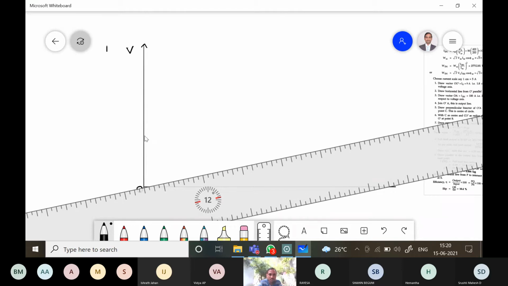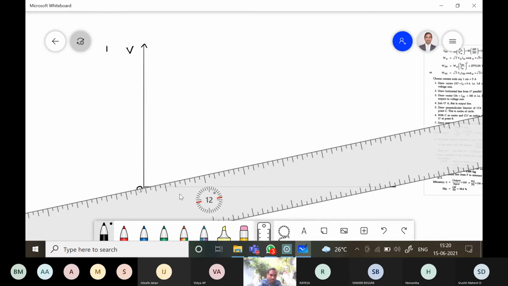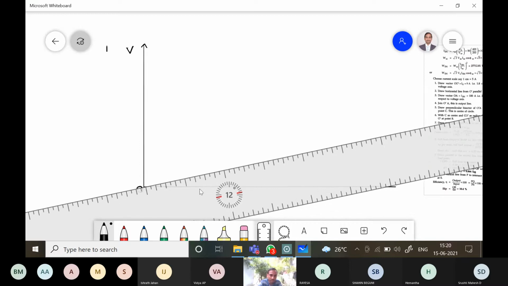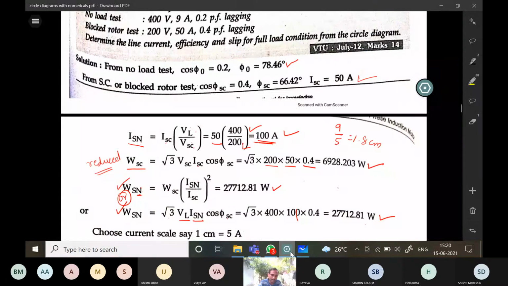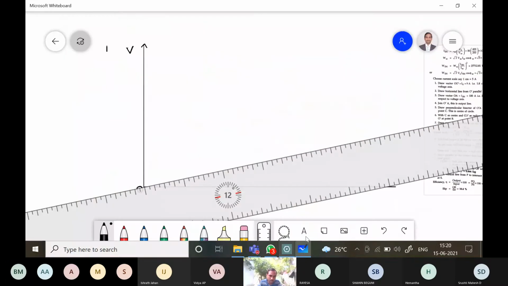So keep the protractor on the y-axis, not on the x-axis, measure 78.46 degree, and put the scale like this. Draw 1.8 centimeter. So this is 1 centimeter.